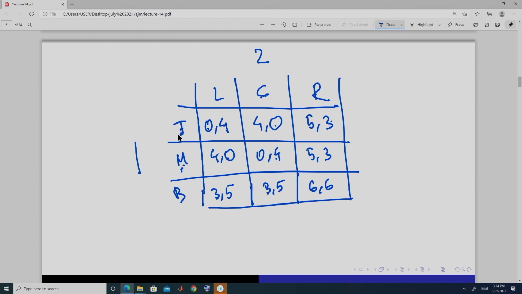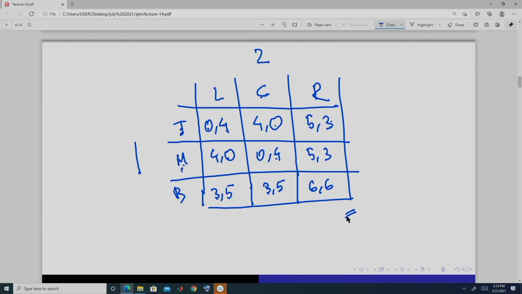So, neither T dominates B nor B dominates T. So, here if we use this solution concept, that is iterated elimination of dominated strategies, we cannot choose any action or any strategy. Player 1 and player 2 are going to be stuck here, they cannot eliminate any strategies. So, they will not be able to choose any actions.